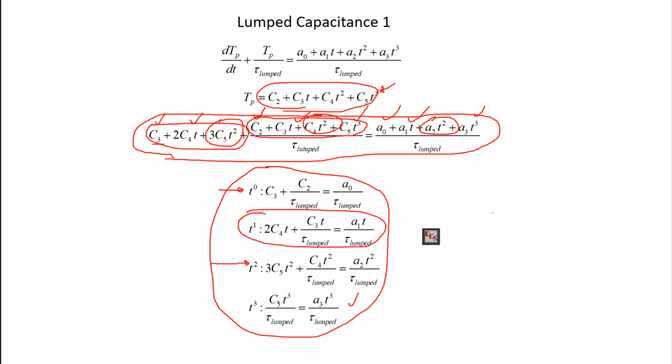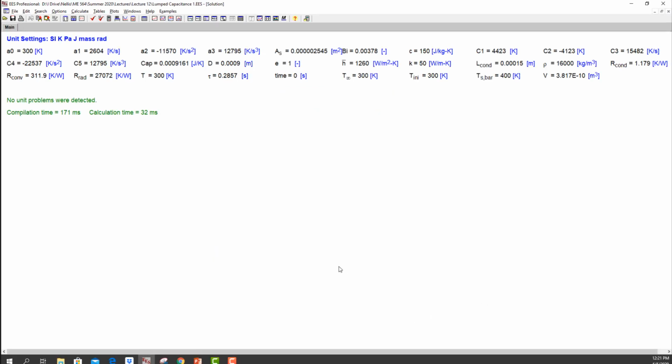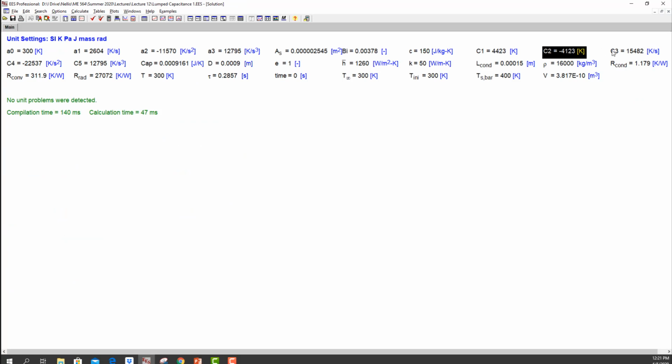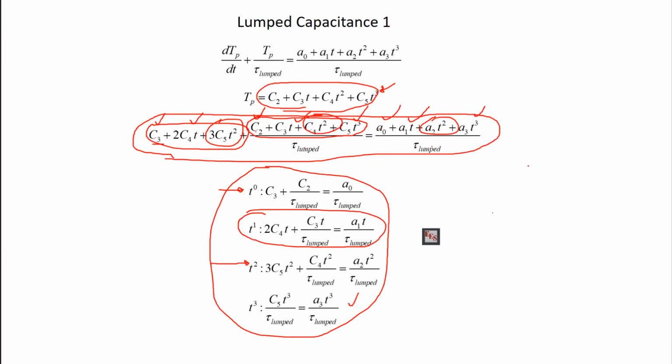You start down here and solve for C5, and then C4, and then C3, and then C2. Or I'm just going to throw these into EES. So somewhere is my EES model. These are the same equations, and EES will happily tell me what is C2, C3, C4, and C5, right? So that's my method of undetermined coefficients.